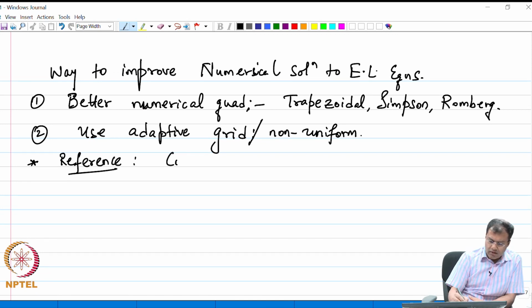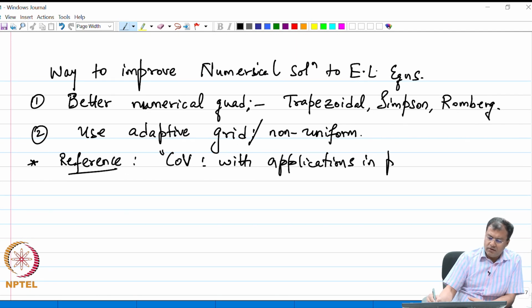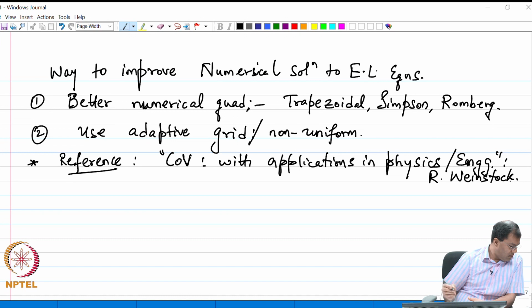This book has the title Calculus of Variations with Applications in Physics and Engineering by Robert Weinstock.